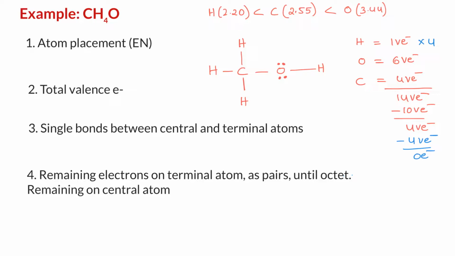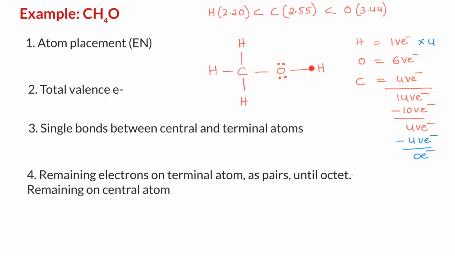Let us now verify if each of the bonded atoms has an octet configuration, or in the case of hydrogen, a duplet configuration. Each of the hydrogen atoms forms one bond, that means they have a duplet electronic configuration. Carbon forms 4 single bonds, that means it has an octet electronic configuration.